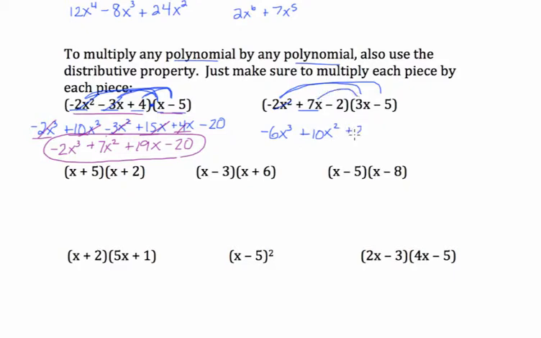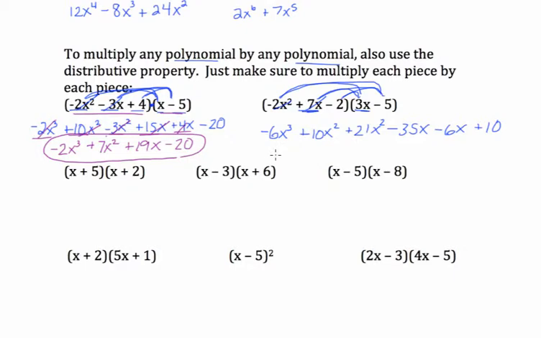Plus 21x minus 35x. That one's done. Minus 6x plus 10. I feel like I messed up somewhere. Oh, here it is. 7x times 3x should be 21x squared. Sorry about that.